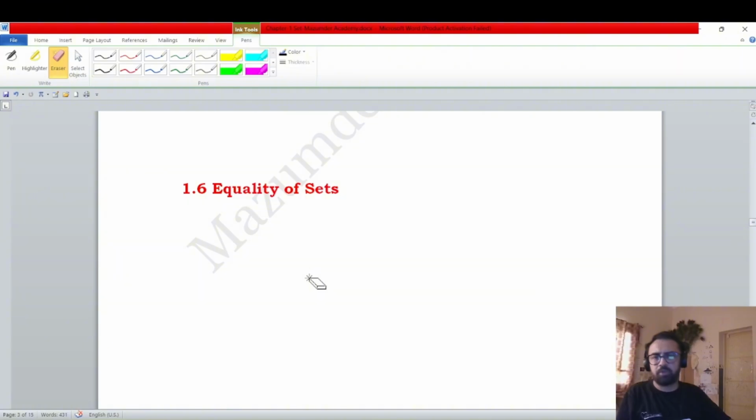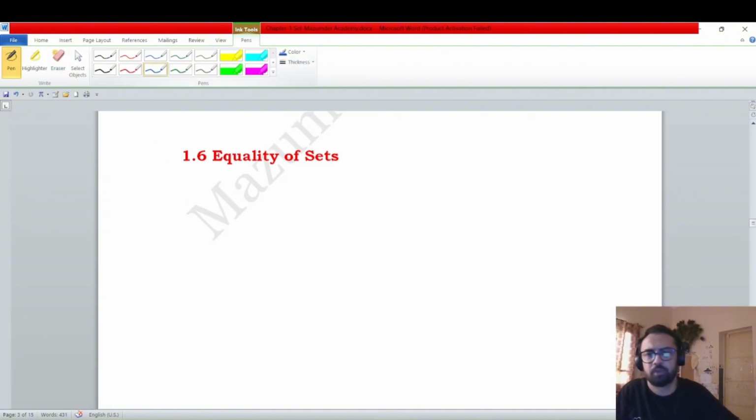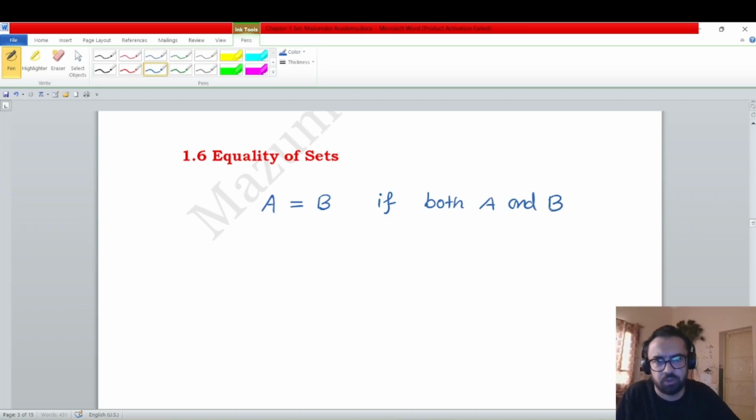Next, we have equality of sets. Say two sets A and B, we will say them equal if both the sets have the same elements.